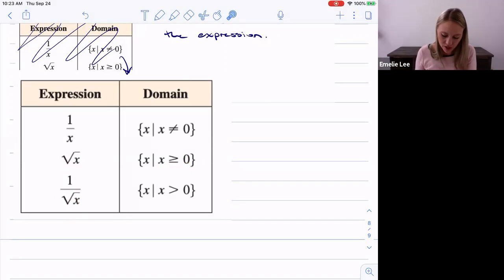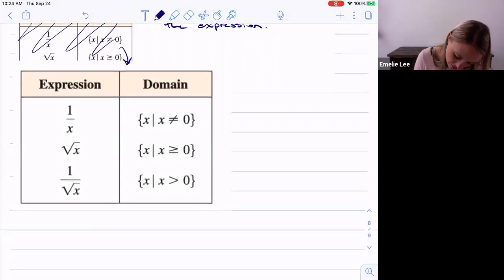And one of the conditions on root x is that x has to be greater than or equal to 0, so that's fine. But also joining with that is that we can't divide by 0, right? And so the root of x is not allowed to be 0 anymore. But the only way that happens is if x is equal to 0. So then we have this kind of morphed constraint of x has to be greater than 0, so it can't be equal to 0 if you've got root x in the denominator.